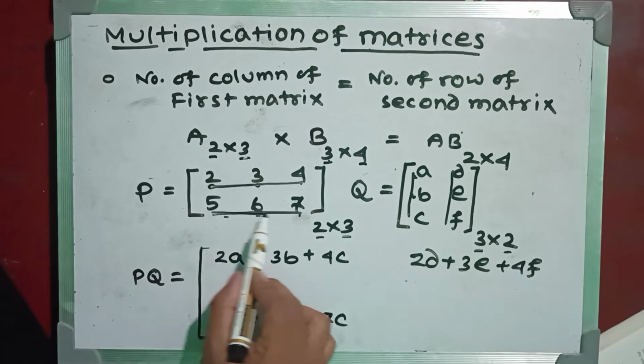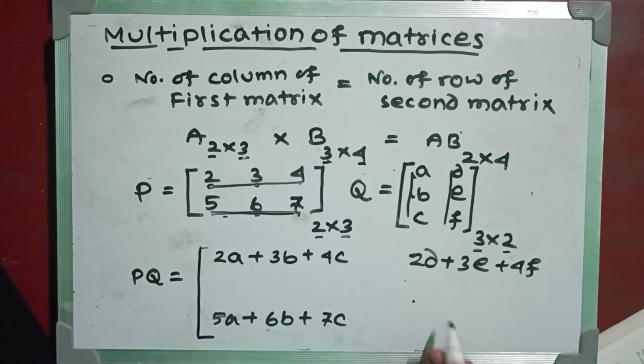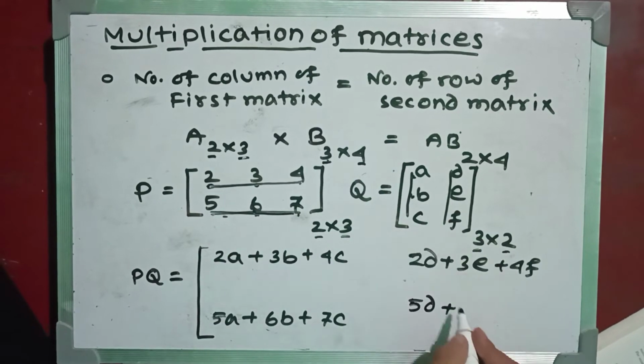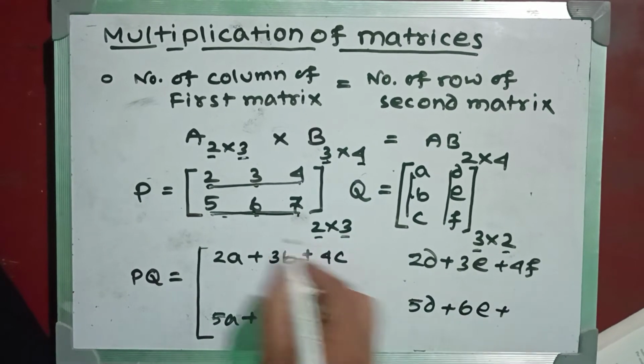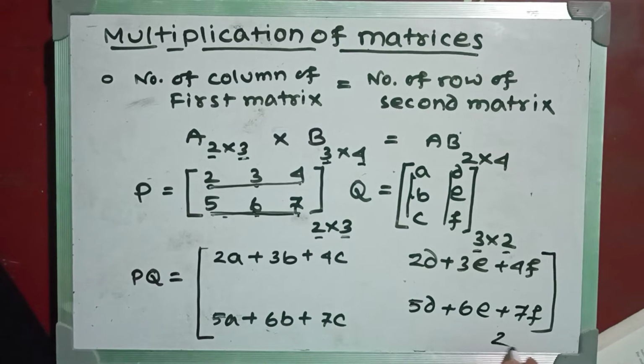Then the second row will be multiplied by the second column and we will position that in second row second column. So it's 5D plus 6E plus 7F. And what is the result here? It's 2 cross 2.